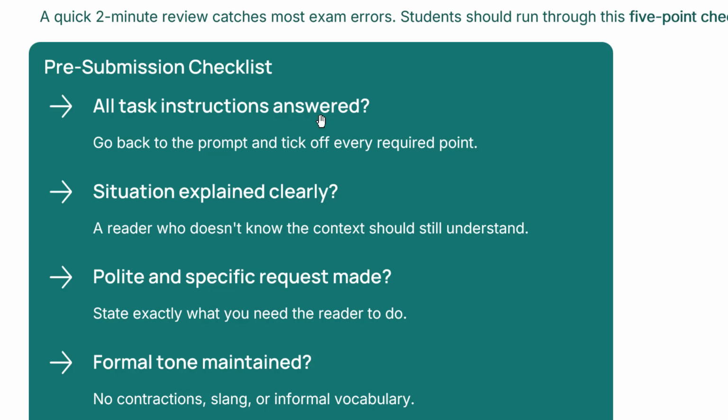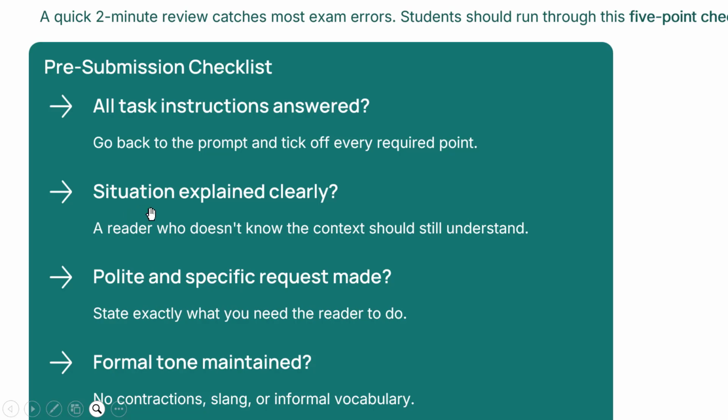If there is something extra, remove it. So organize the email based on the prompt. That's the first thing. It checks the task fulfillment.